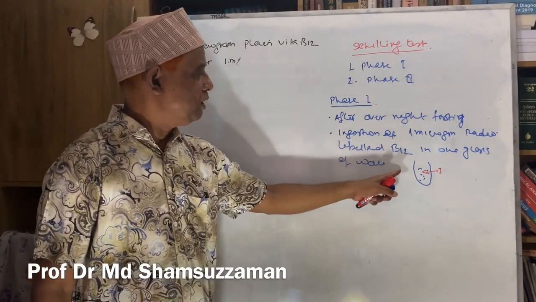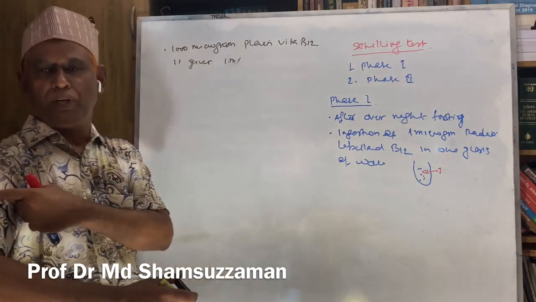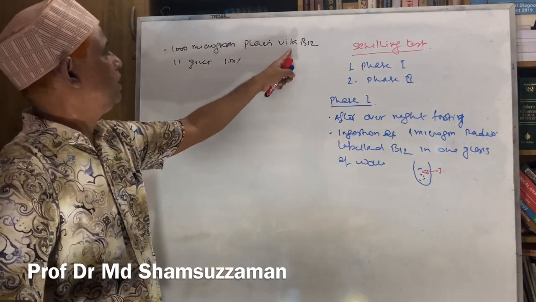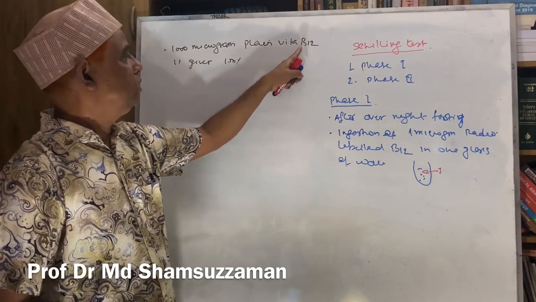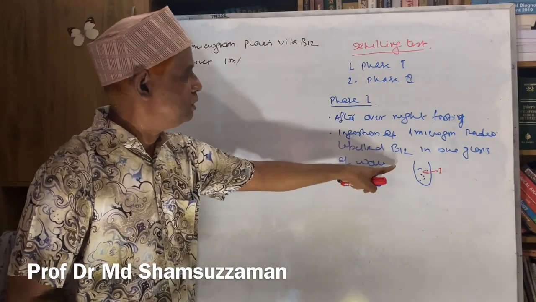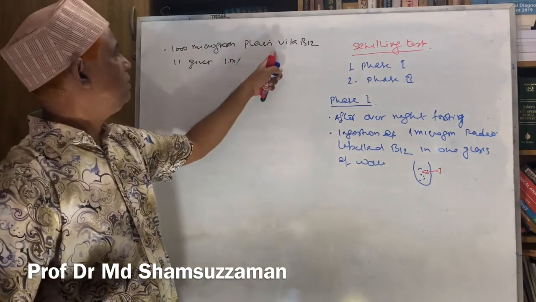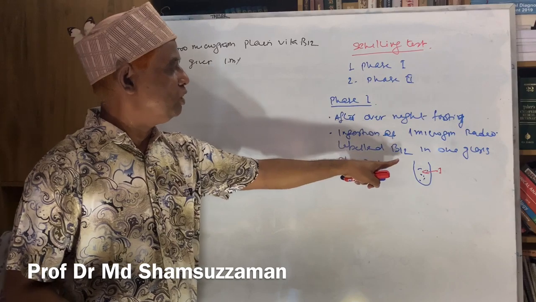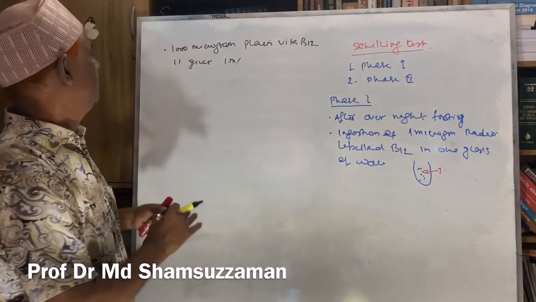The radio-label will be absorbed from the intestine, and the plain vitamin B12 is given to flush the radio-labeled vitamin B12 from blood into urine.